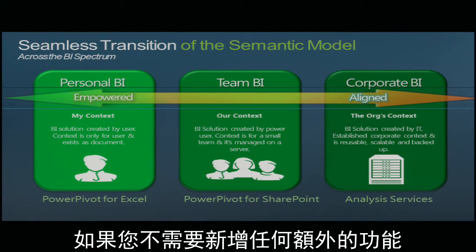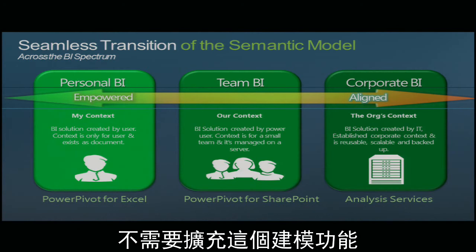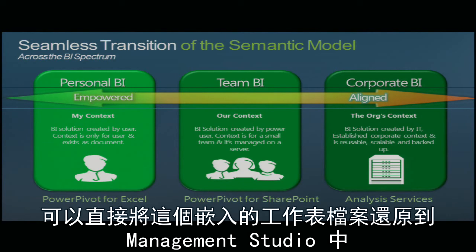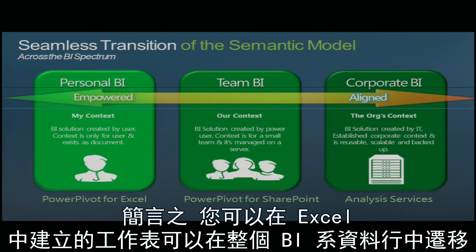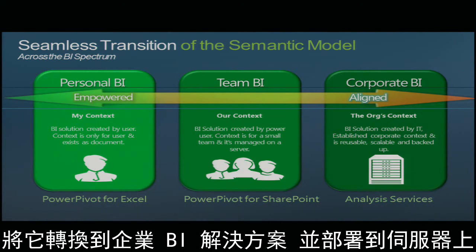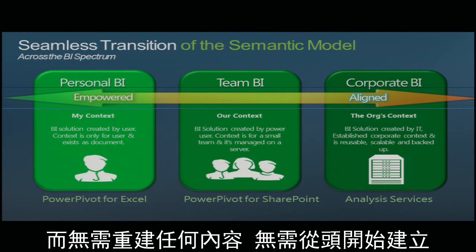In the same way, if you don't necessarily need to add any additional features, if you don't need to extend the modeling capabilities, you can restore this embedded workbook file directly in Management Studio and restore it to Analysis Services servers, where it will now be deployed. So in essence, you can take a workbook started in Excel and move that across the BI spectrum and take it into a corporate BI solution deployed to a server without having to rebuild anything. You don't have to start from scratch.